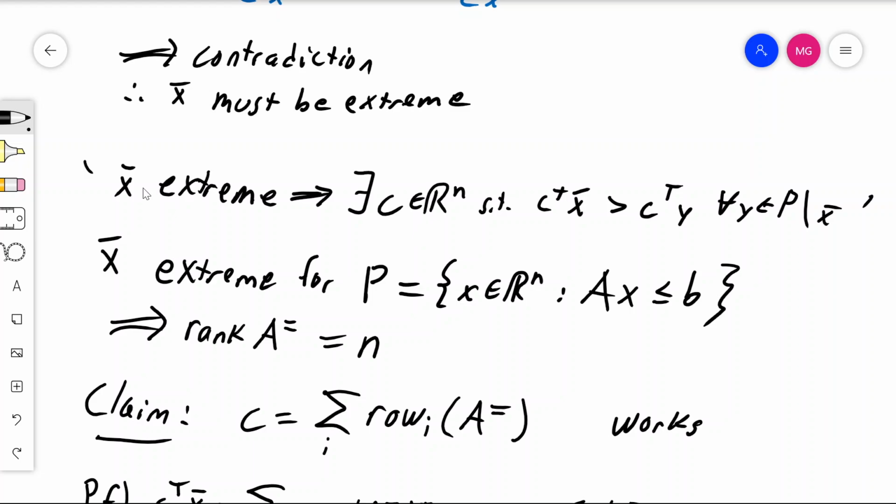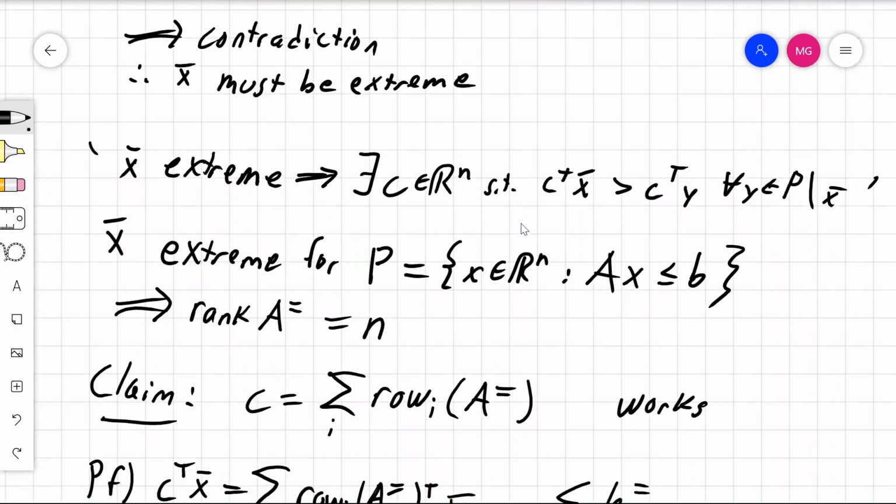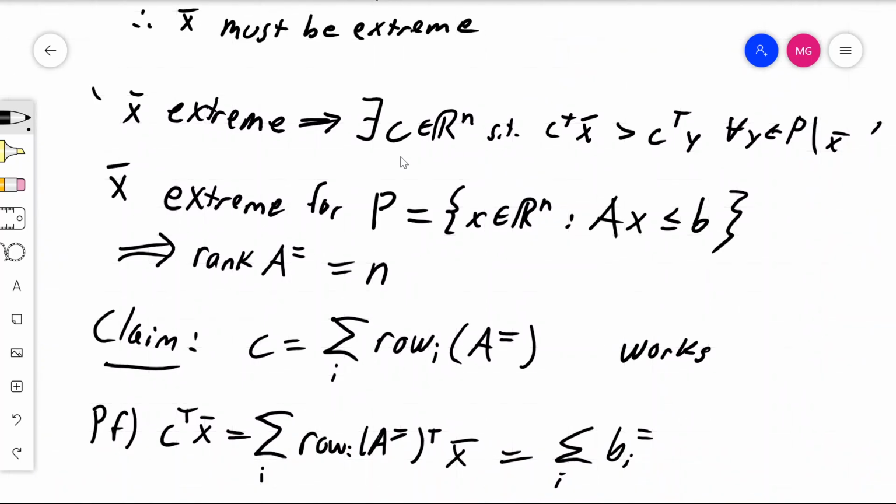So now let's start by assuming that x bar is extreme, and then we'll show that there actually exists some vector c that realizes x bar to be the unique optimum. So c transpose x bar is strictly better than c transpose y for all the y's in the polyhedron except for x bar itself. Okay, so we're going to find a vector c that works.